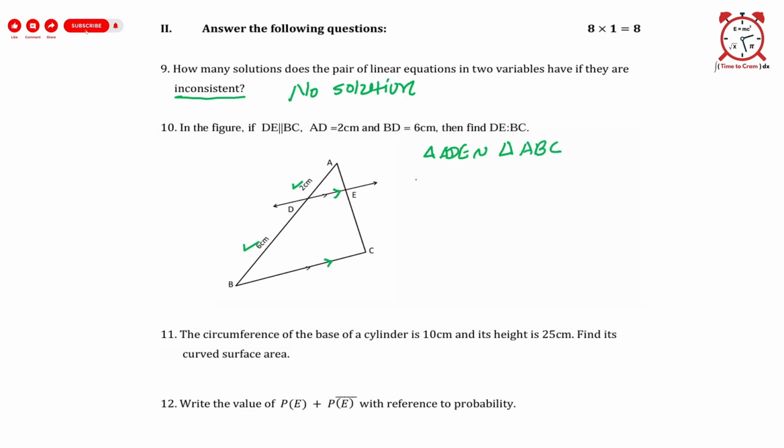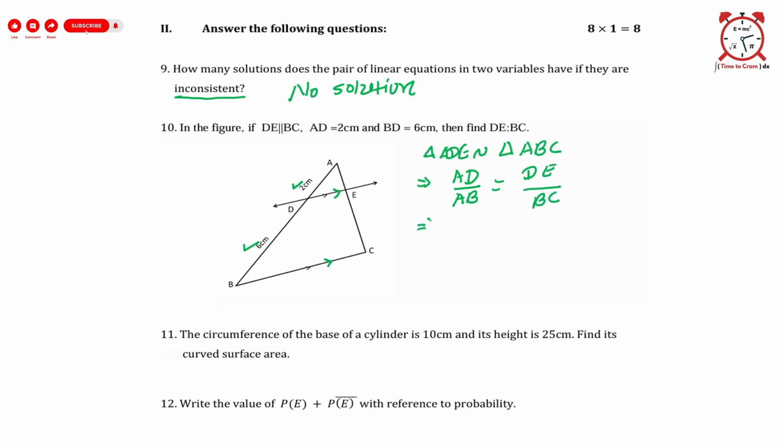Therefore AD upon AB equals DE upon BC, and also AE upon AC, but we are not writing that here, it is not necessary.